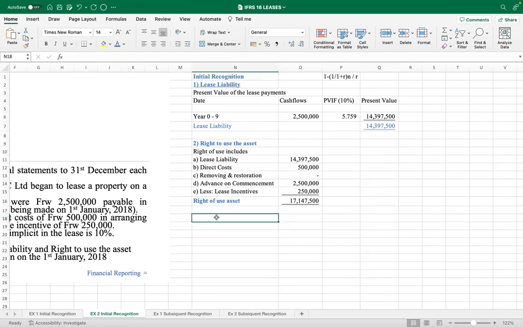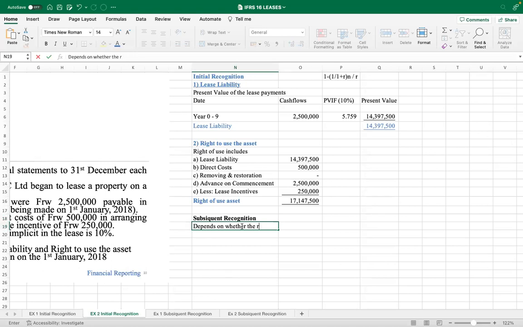I will go back to the slides and read. Subsequent recognition of this same question. Subsequent recognition, it depends on whether the lease payments were in advance.